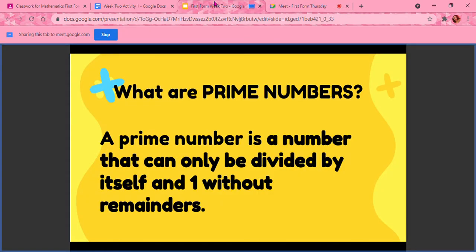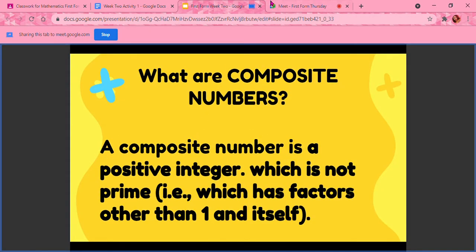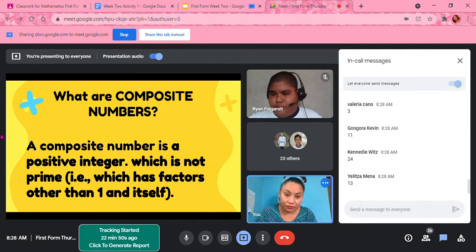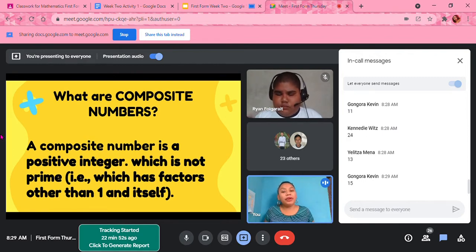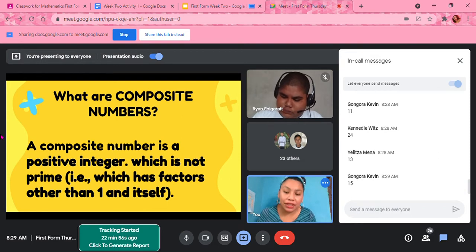So let's look at the other type of number. The other type of number is a composite number. A composite number is a number which is not prime. A number that has a lot of factors, a lot of numbers that I can divide it by.